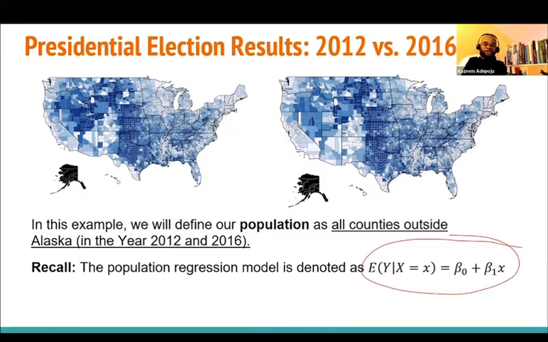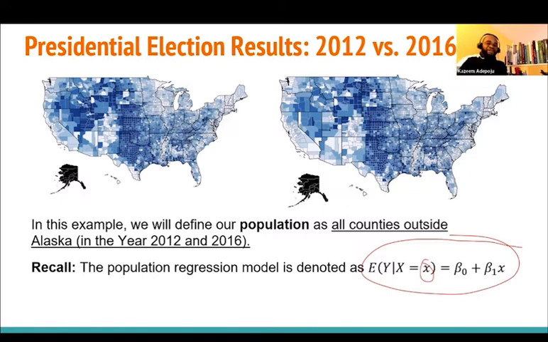Don't forget, Y represents the percentage of voters that voted for the Republican candidate in 2016, which happens to be President Trump. And of course, X represents the percentage of voters who voted for the Republican candidate in 2012, which happens to be Senator Romney. Therefore, the small x right here is just a particular value.